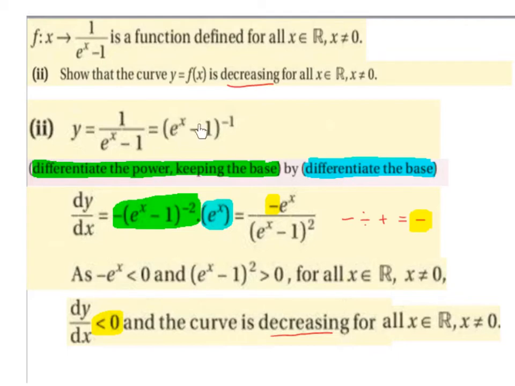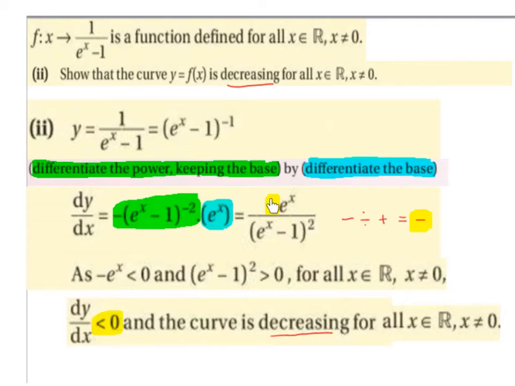So we differentiate the inside, and the derivative of e to the power of x is e to the power of x. Next we multiply. So minus times e to the power of x is minus e to the power of x. And e to the power of x minus 1 to the power of minus 2 gives us 1 over e to the power of x minus 1 to the power of positive 2.